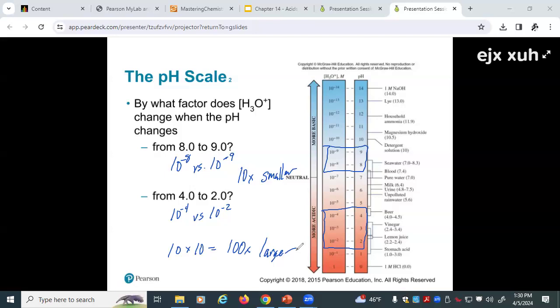And those 10x changes in concentration are multiplicative, not additive. So what I mean by that is, if I go from 4 to 2, it's not 10 plus 10 different. It's 10 times 10 different. So the difference is 100, not 20. And the reason that needs to be said explicitly is because that's very easily confused.